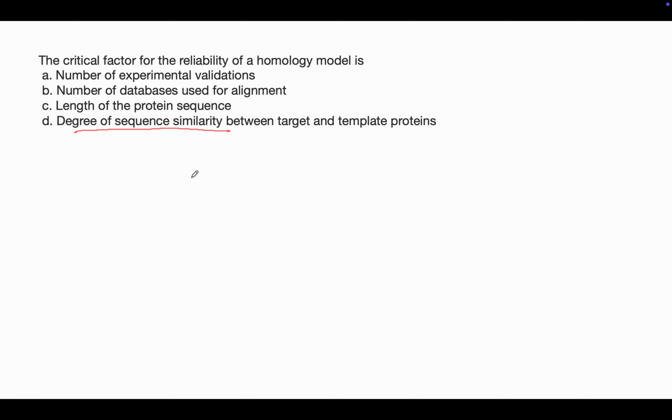We need to have homologous sequences between the target, let's say this was our mutant protein, and the template proteins, which we got from the database. We need to have sequence similarity or the homologous sequences in order to do homology modeling.